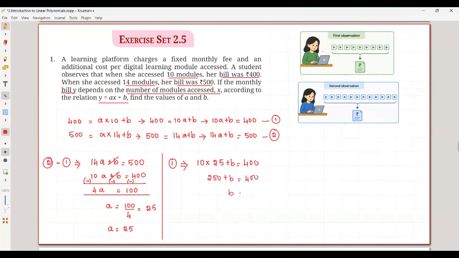Now B is equal to 400 minus 250, which is 150. So B is equal to 150. Therefore, A is equal to 25 and B is equal to 150. So we got the answer for A and B.